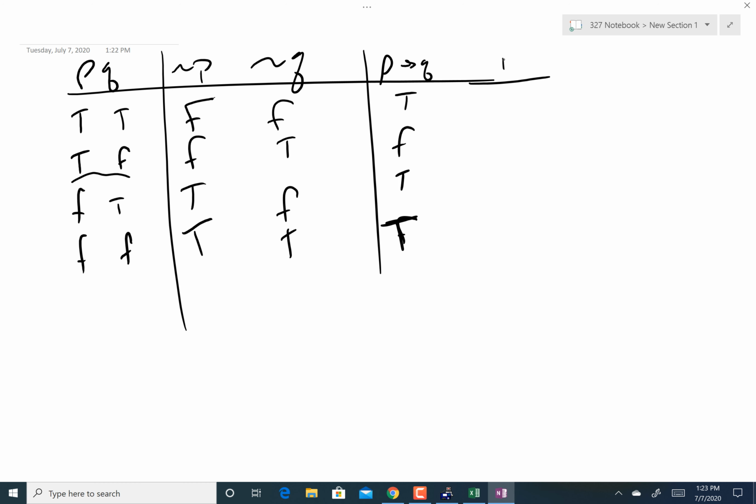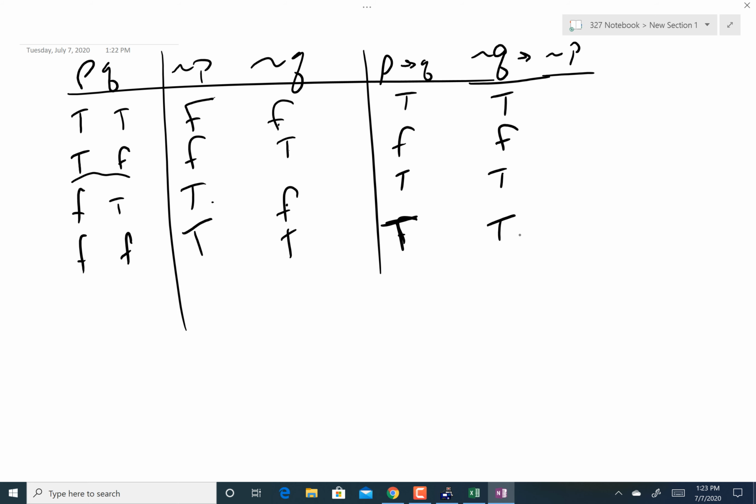Okay. What about not Q, not P? So this, well, that's true. This is false. This is true. This is true. So they are logically equivalent to one another. Okay? So pretty straightforward.